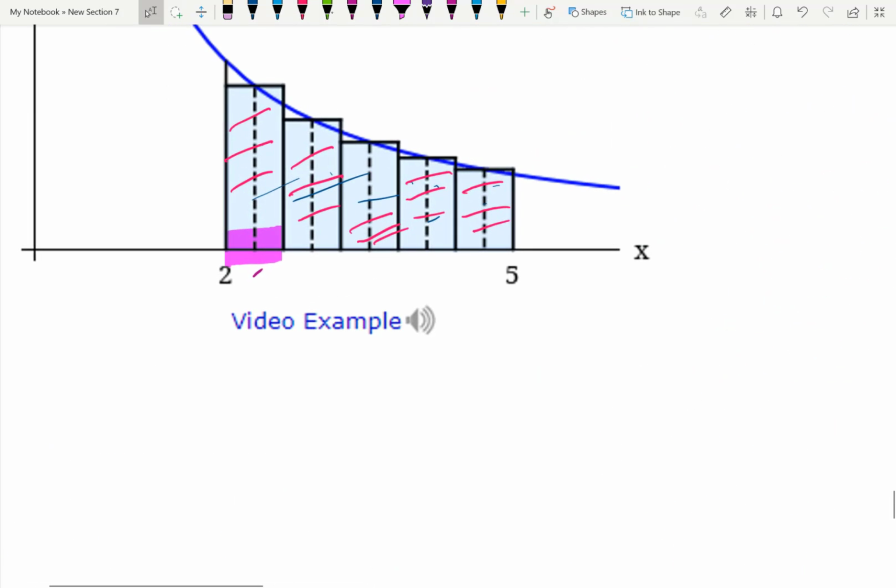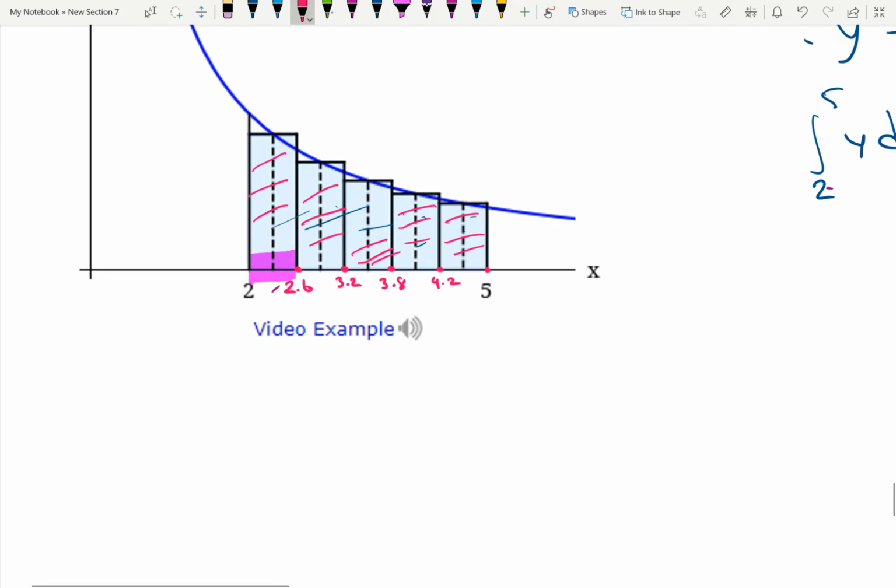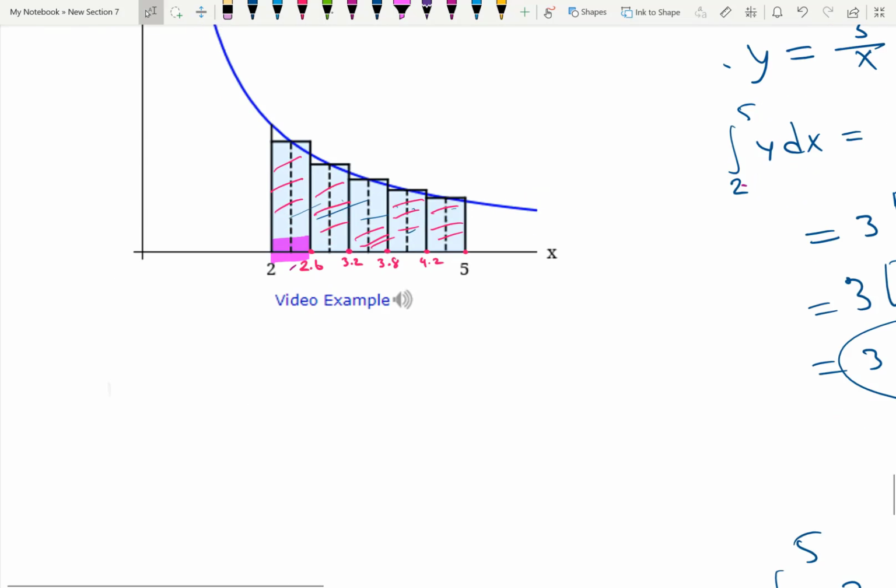So if the first point is 2, then this point would be 2 plus 0.6, which is 2.6. Next point would be 2.6 plus 0.6, which is 3.2, and this one would be 3.8, and this one would be 4.4, and the last one would be 4.4 plus 0.6, which is 5. So those are the subintervals.